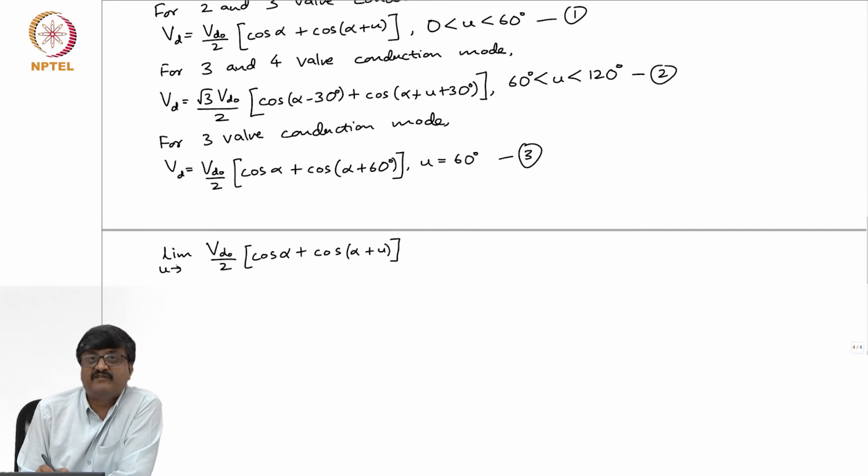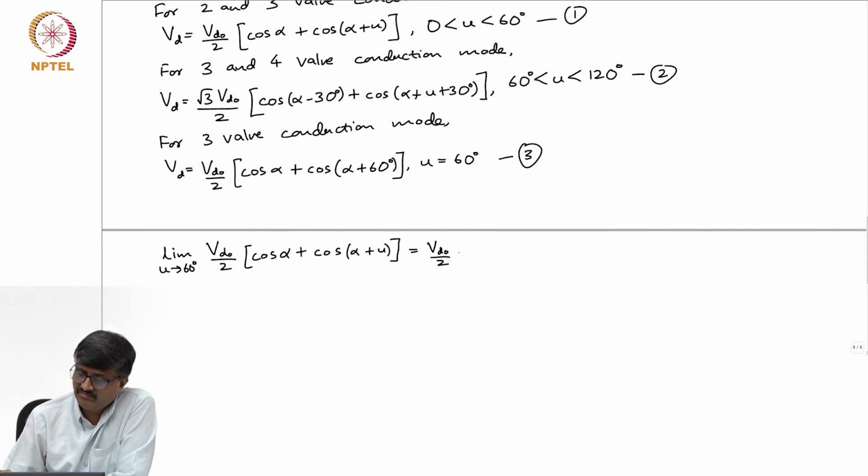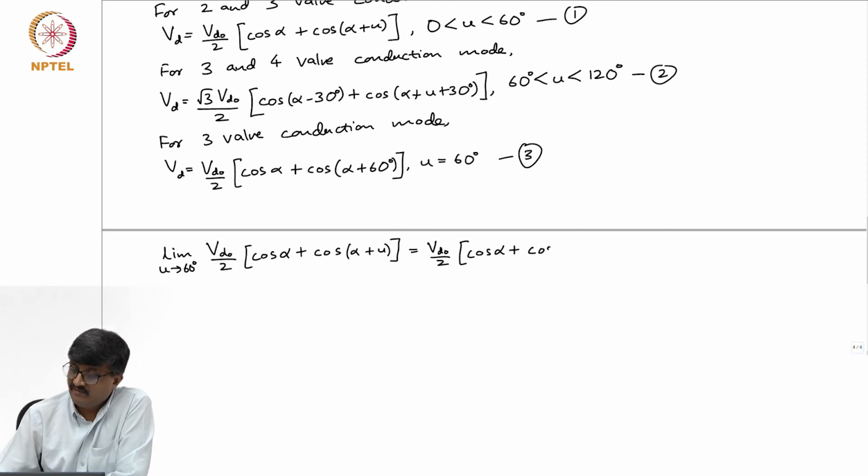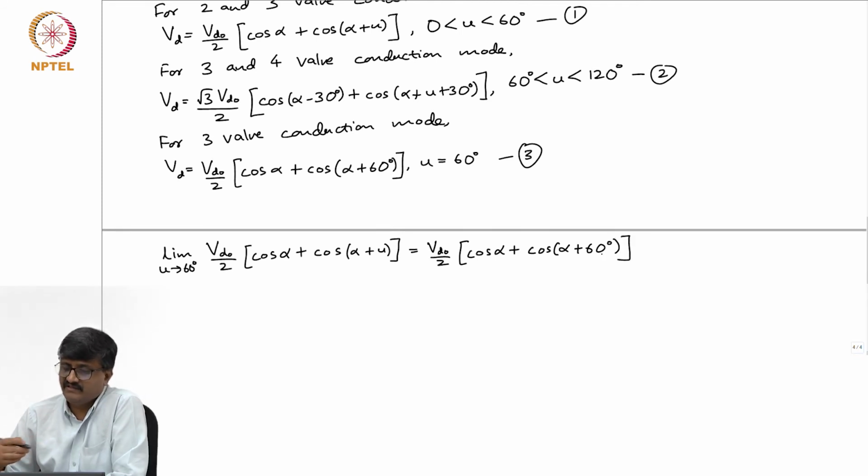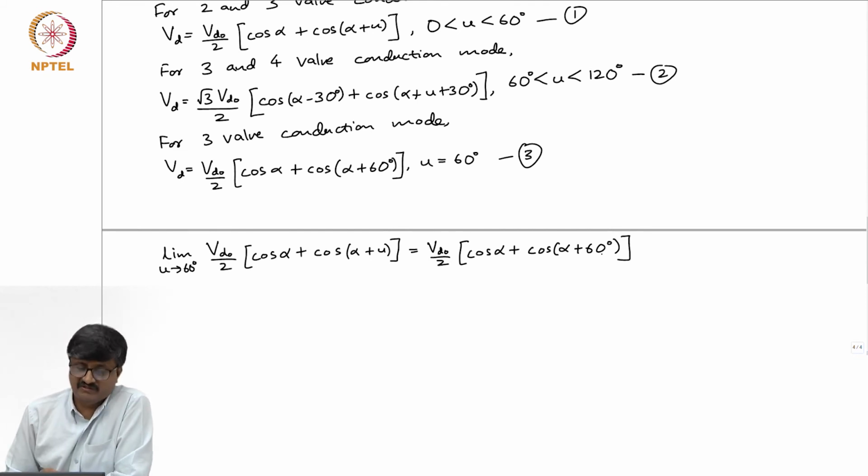If I take the limit of this as u tends to 60 degrees, what I get is Vdo by 2 into cos alpha plus cos alpha plus 60 degrees, which is nothing but the expression for Vd for u equal to 60 degrees.